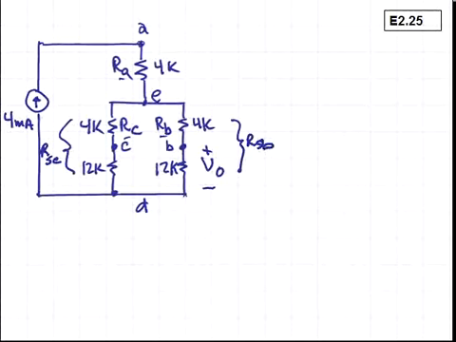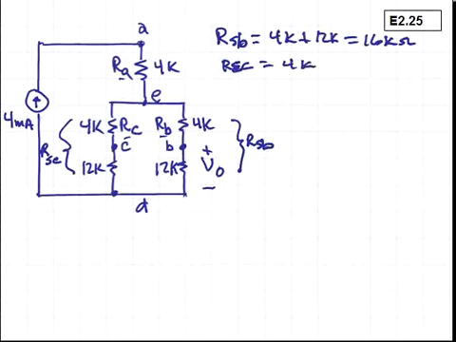These are series combinations where RSB is equal to 4K plus 12K, and that's equal to 16K. And similarly, RSC is equal to 4K plus 12K equals 16K.